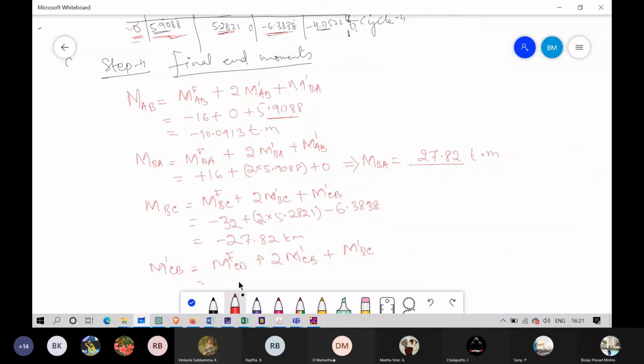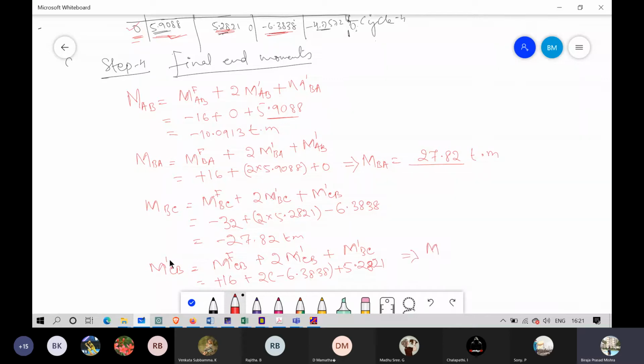MFCB is plus 16, plus 2 into minus 6.3838, then plus M dash BC, which is 5.2821.